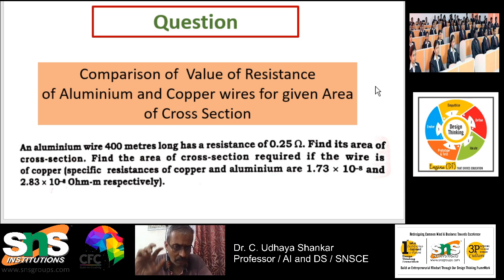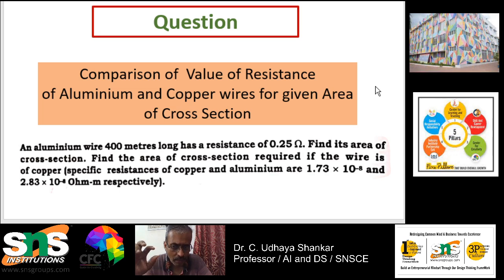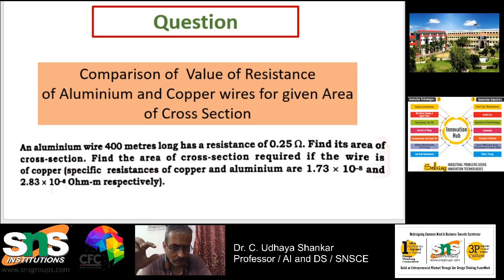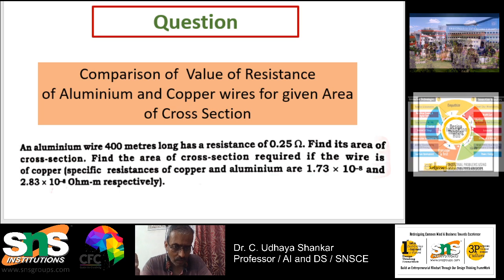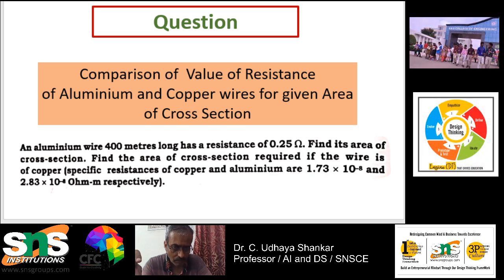The question is, an aluminum wire 400 meters long has a resistance of 0.25 ohms, and we want to find its area of cross section. As well, we want to find the area of cross section of the copper wire. The specific resistance of copper is given as 1.73 into 10 power minus 8, and for aluminum it is 2.83 into 10 power minus 8.